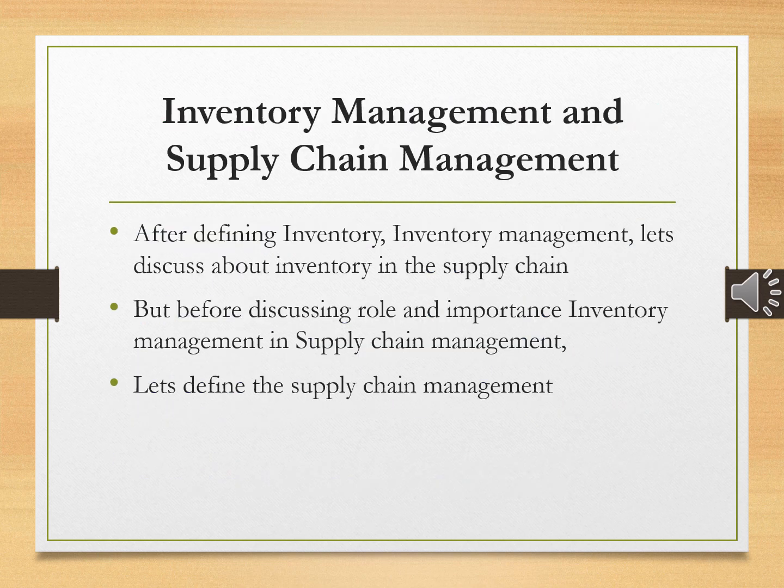The next topic is inventory management and supply chain management. After defining inventory management, let's discuss inventory in the supply chain. But before discussing the role and importance of inventory management in supply chain management, let's define supply chain management.